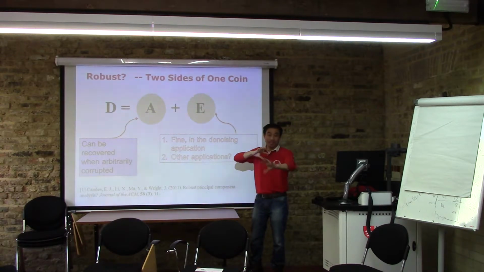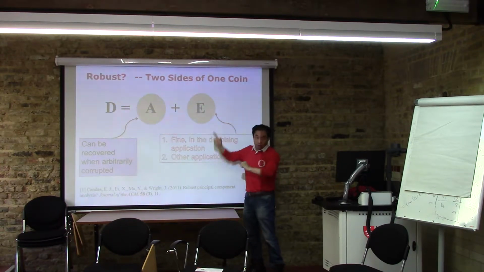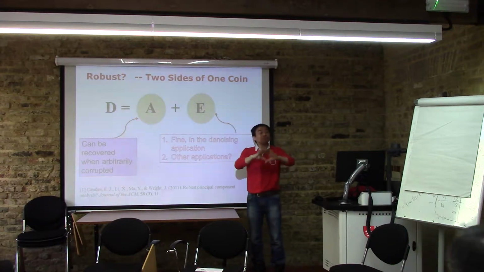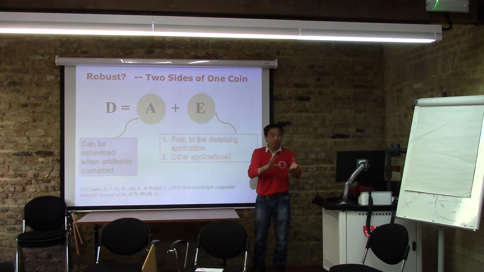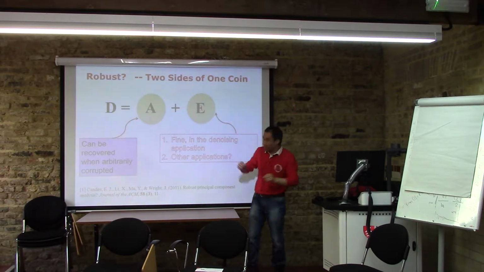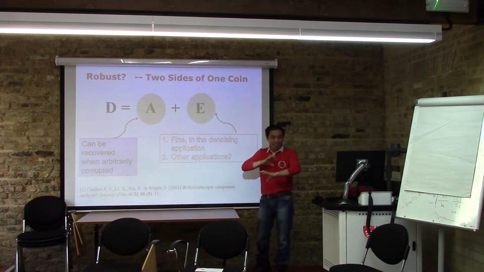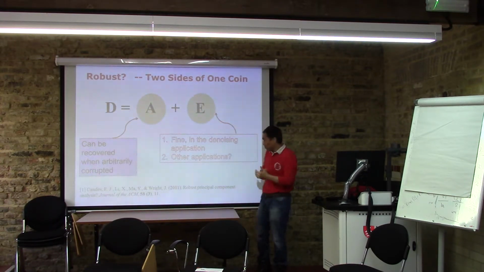A is a constant, and E means variation. For document analysis, A stands for those common words appearing in all documents. E stands for some salient words, the keywords that particularly distinguish this document from others.